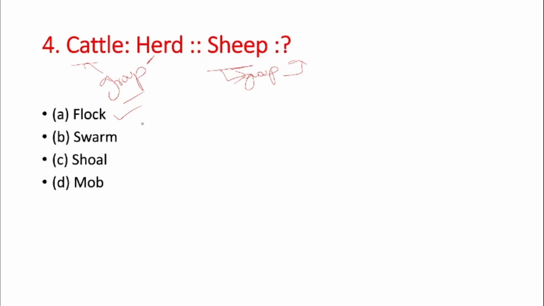Like, a mob is a group of persons, maybe bad persons, who are rebels or something like that. Those who are protesting are called a mob, an angry mob. Mob attacked parliament, like that, right? So we should know that kind of words to solve this type of question.